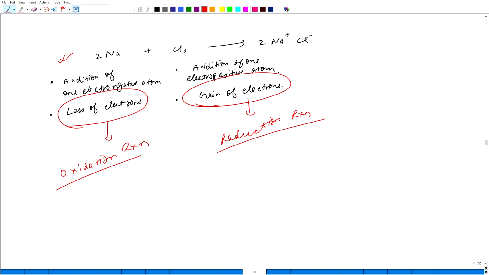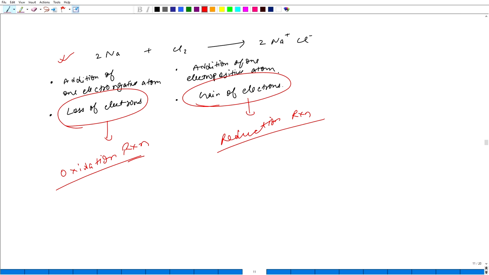If I say electropositive element, electronegative element, that is fine. But we are having electron transfer processes here because whatever reaction takes place is basically the transfer of electrons from one thing to another. So, just to better understand our concept, we are also describing the oxidation and reduction terms in terms of electron transfer.